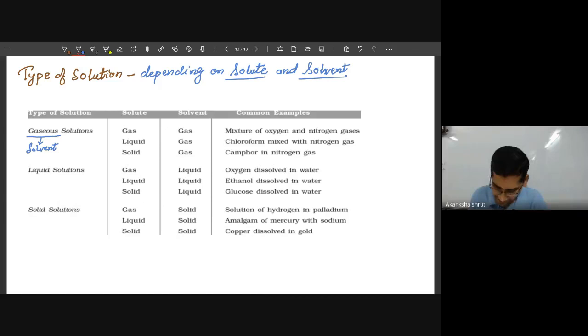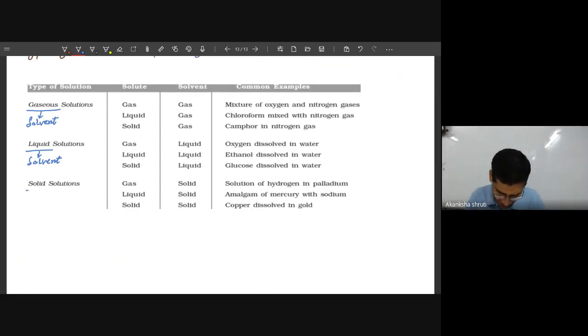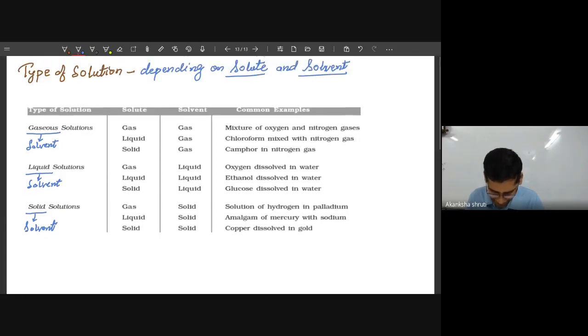If I am talking about a liquid solution, the solvent present in larger amount is liquid, so the overall phase of the solution is liquid. A solid solution is also possible. The phase of the solvent decides the phase of the solution because it is present in larger amount.